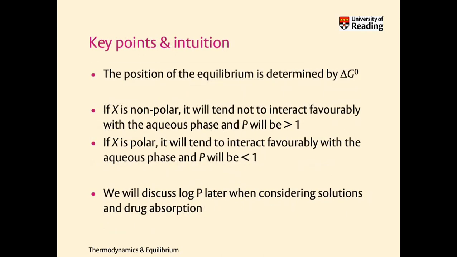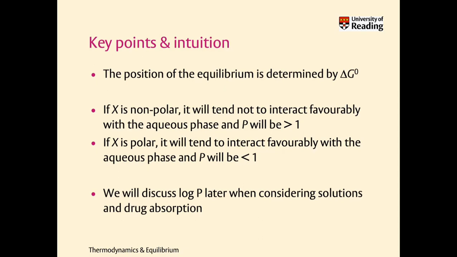The position of the equilibrium is determined by delta G of the reaction, if you'd like to call it that, of going from the aqueous phase to the organic phase. So that partition process of going from the aqueous phase to the organic phase, if that is overall negative, then we will have a system where the organic phase is favoured.